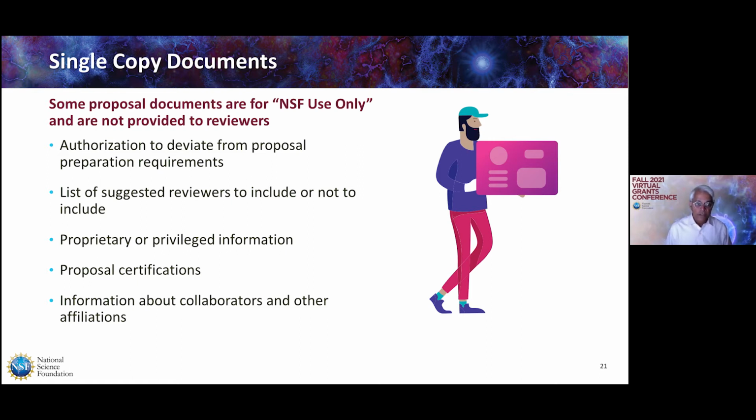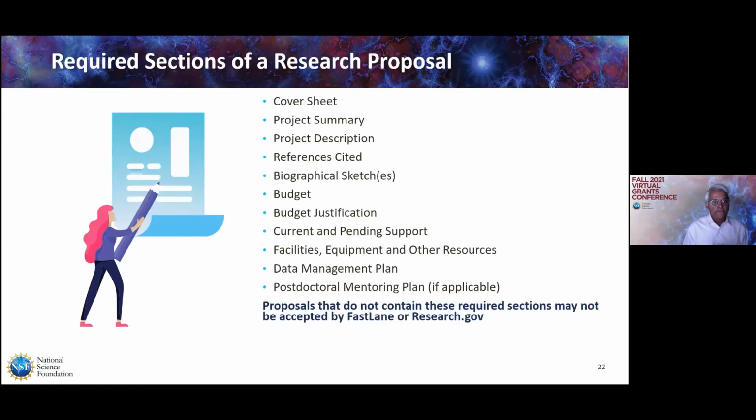You may also have other certifications about your proposal or information about collaborators and affiliations that you share with NSF for the purposes of ensuring successful merit review, but NSF will not share with reviewers. So, again, pay attention in the solicitation because there are certain kinds of documents that are allowed as single copy documents, and some that are explicitly disallowed as well. So pay attention to those sections of the program announcement.